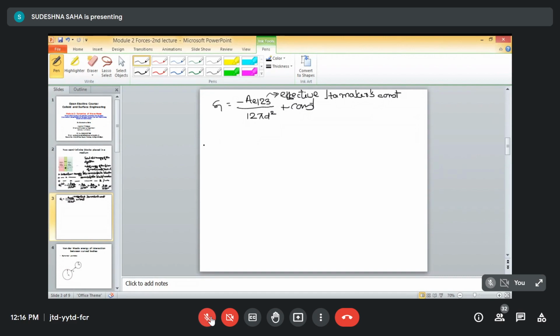And this constant basically comes out to be gamma 13 LW plus gamma 23 LW. These gammas are nothing but the surface energies.